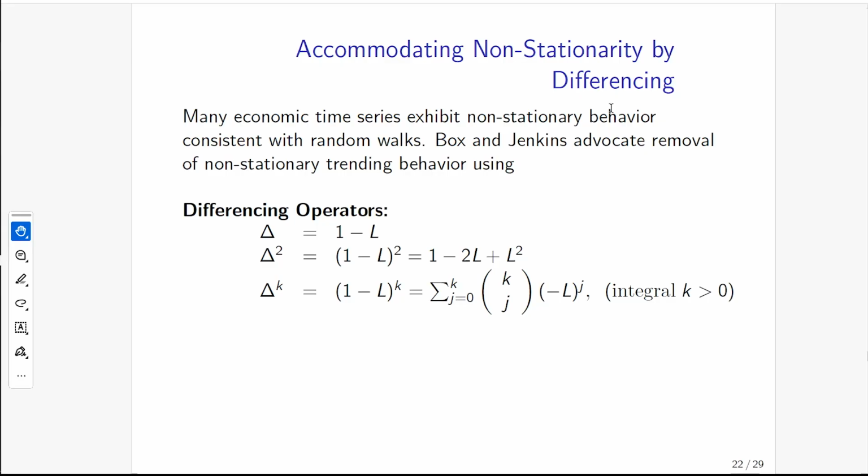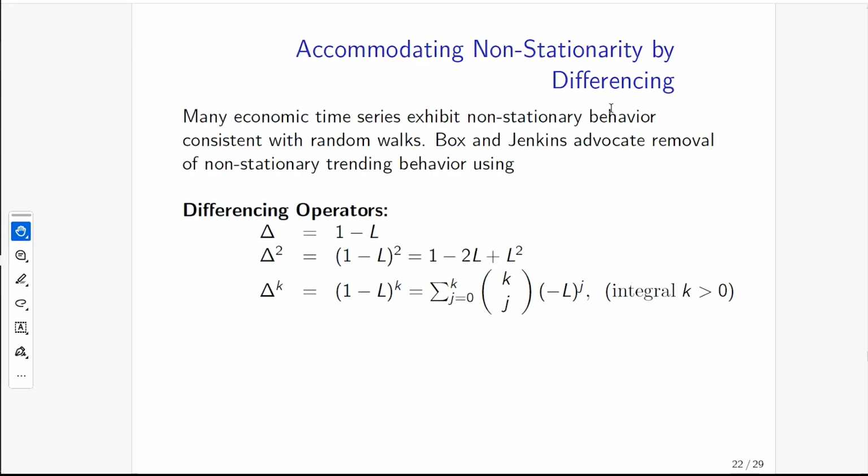There will be cases when our time series is not stationary, and differencing the series will generally render a series to a stationary transformation. And so we consider first order differencing.